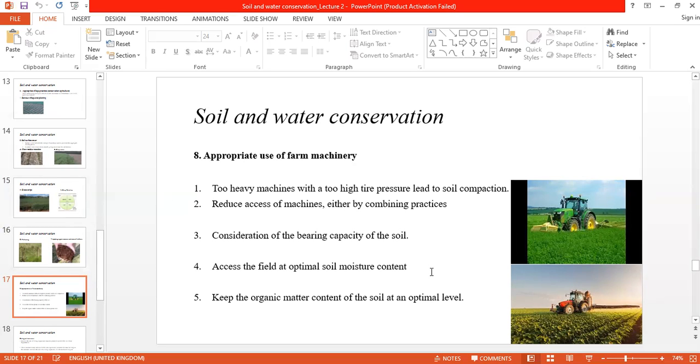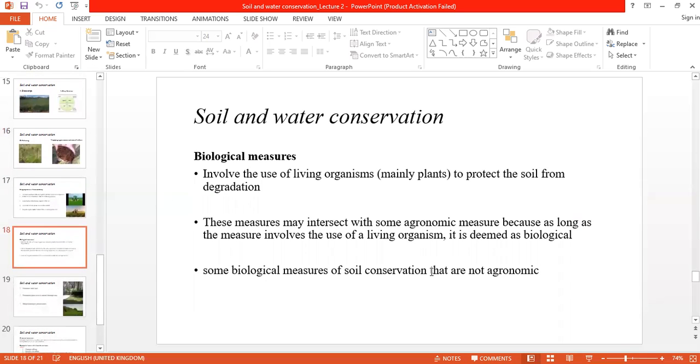So you just make sure that your organic matter levels are very good. Okay, so those are the agronomic measures that we can put in place to reduce soil erosion or soil compaction.